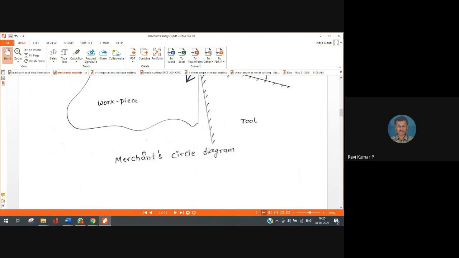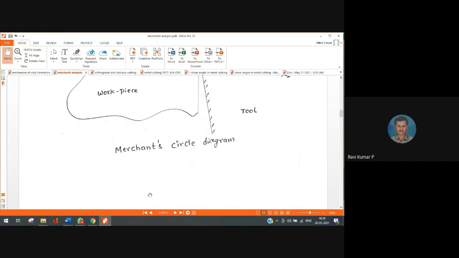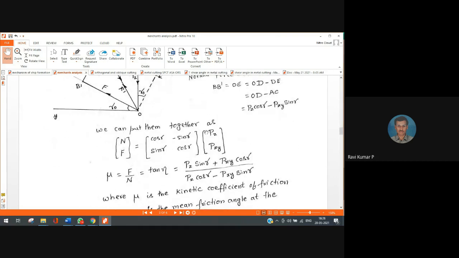If I try to resolve these forces in terms of the forces I know, that is PXY and PZ, these two forces I know. In terms of these two forces, if I resolve, I am going to get the forces in matrix form: N, F equals cos gamma, sin gamma, minus sin gamma, cos gamma. So I have a term gamma.